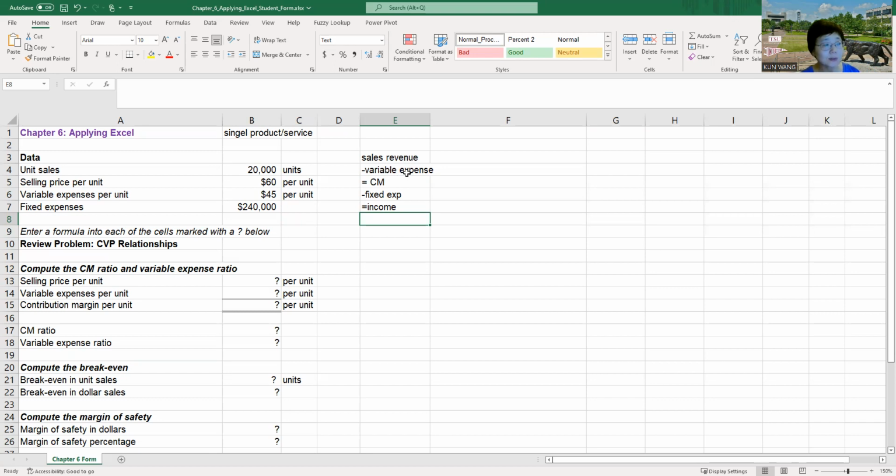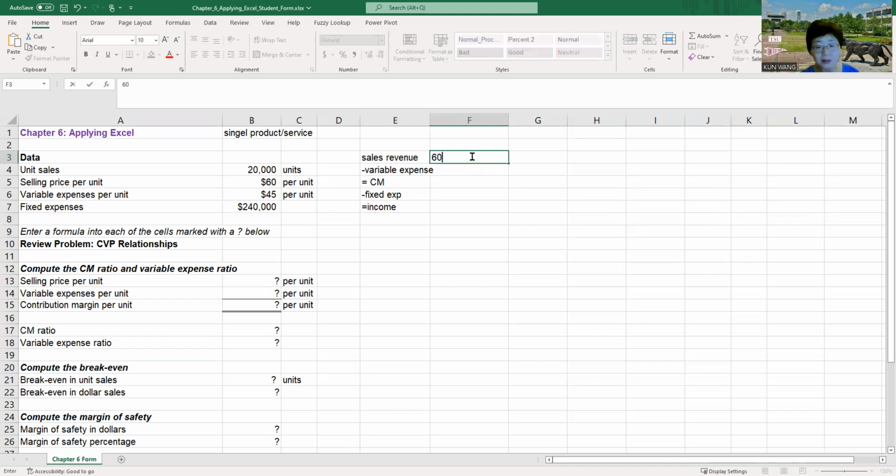So sales revenue minus all of your variable costs. So this is your contribution margin. And now you can see I can plug in the numbers here. So if I do the units, this is 60 per unit, right? Variable expense, 45.